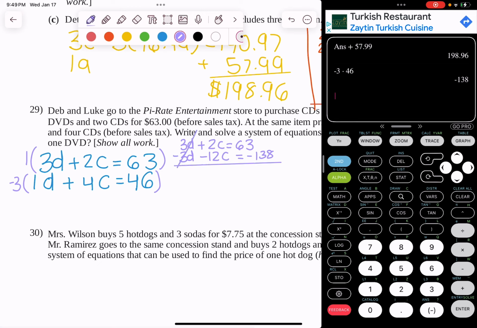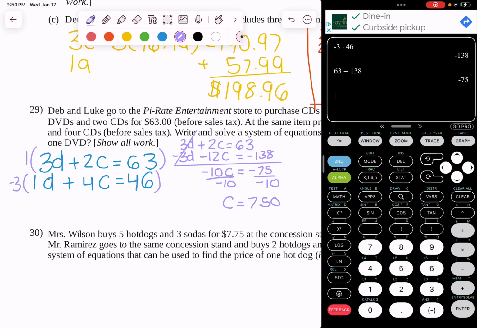All right, let's add this together. 3 plus -3 is 0. 2C minus 12C is -10C. And 63 minus 138 is -75. Let's divide by -10. And that would give us that CDs are $7.50.